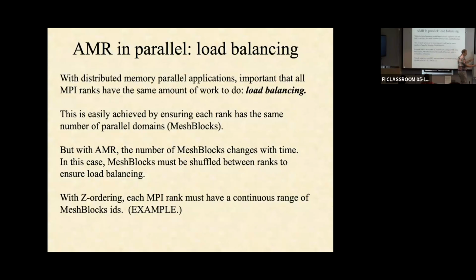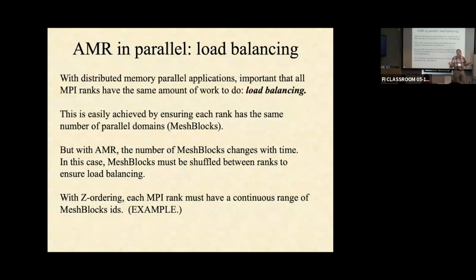And then at some point I decide, or the algorithm decides, it wants to insert some extra mesh blocks. It's going to refine this. So maybe it's going to create 4 more mesh blocks and insert them in this Z ordering list. Suddenly this processor has 7, because you destroy that one and replace it with 4. That's very badly load balanced.